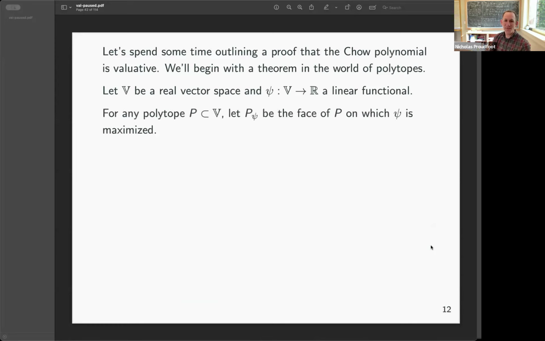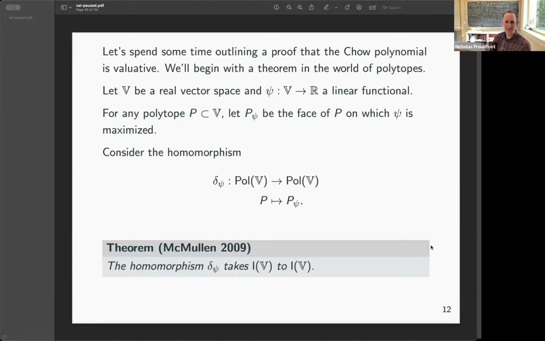And for any polytope, I want to consider a subpolytope, which is the face on which the linear functional is maximized. It might be a vertex, it might be the entire polytope, it might be something in between. And I want to consider the homomorphism from polytopes in V to polytopes in V that takes every polytope to the face on which this linear functional psi is maximized.